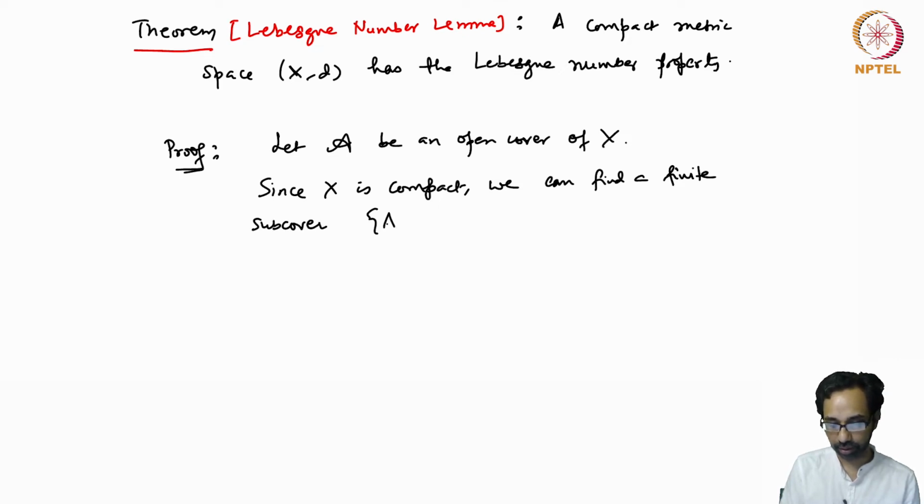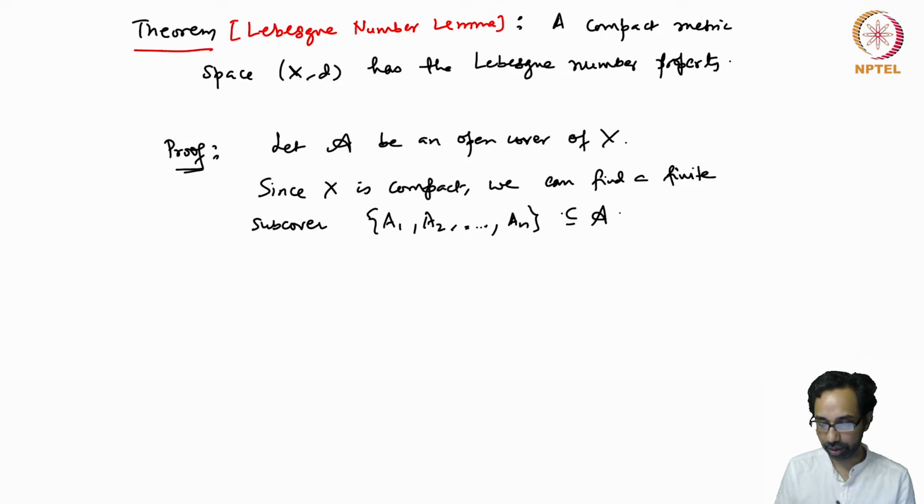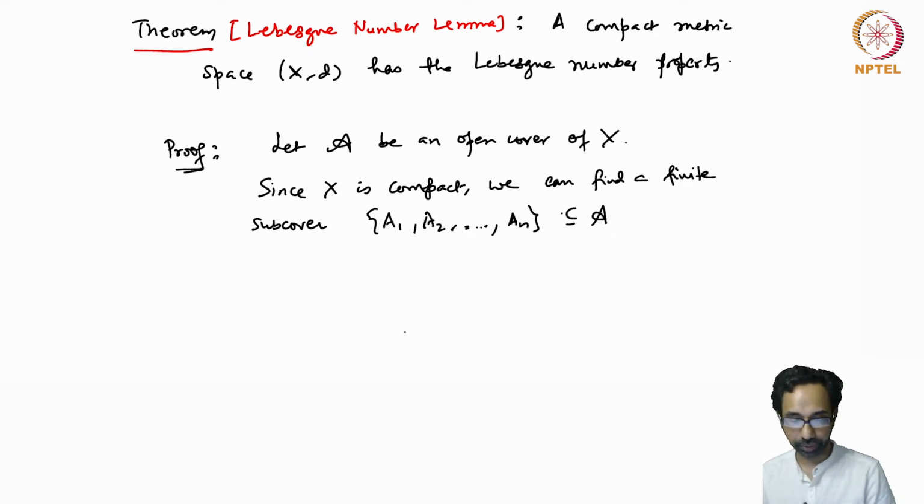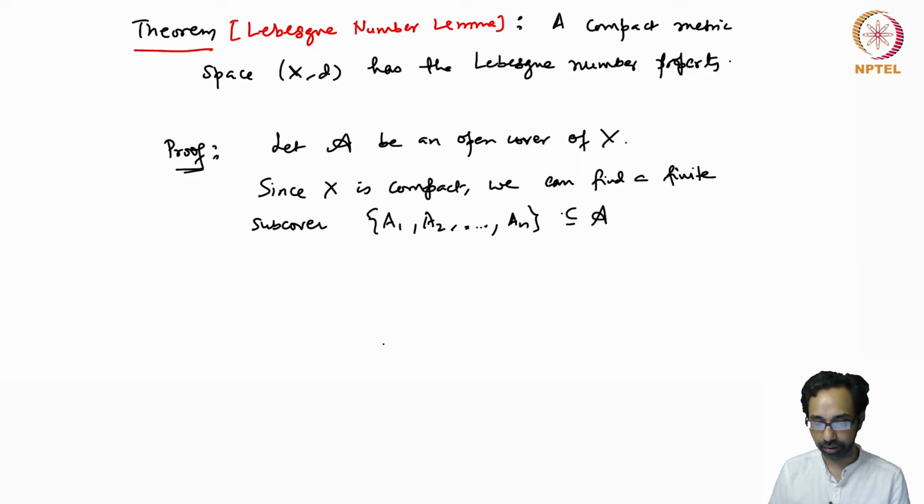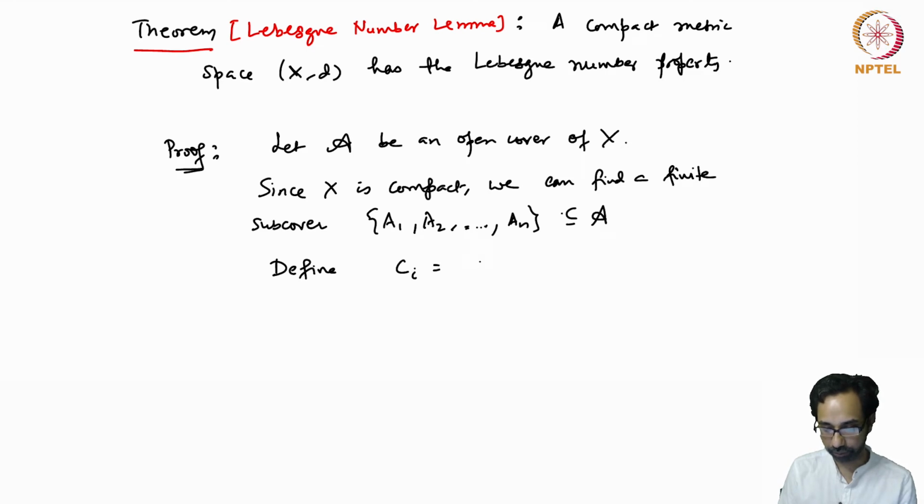Let us call this A1, A2, up to AN, a finite sub collection of this open cover A, and this covers X. Now define the complements of each of these sets.